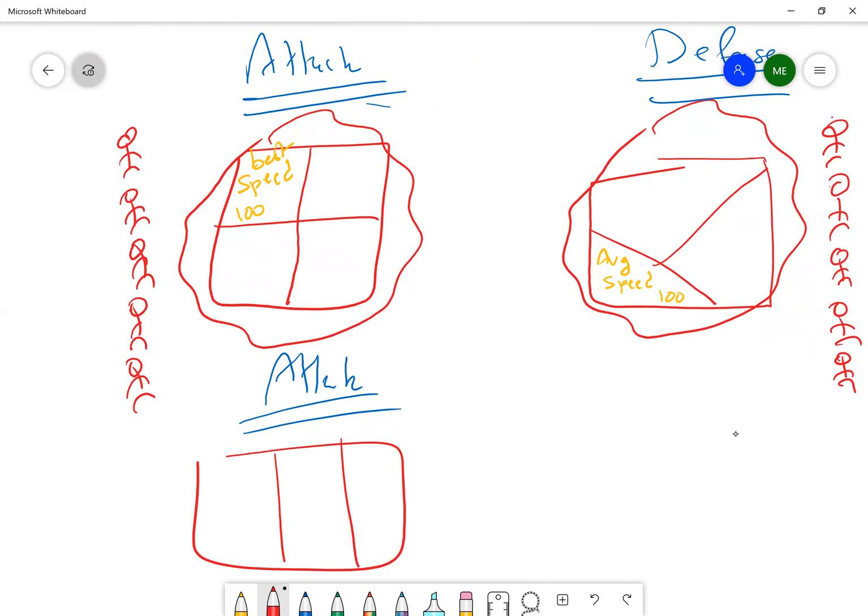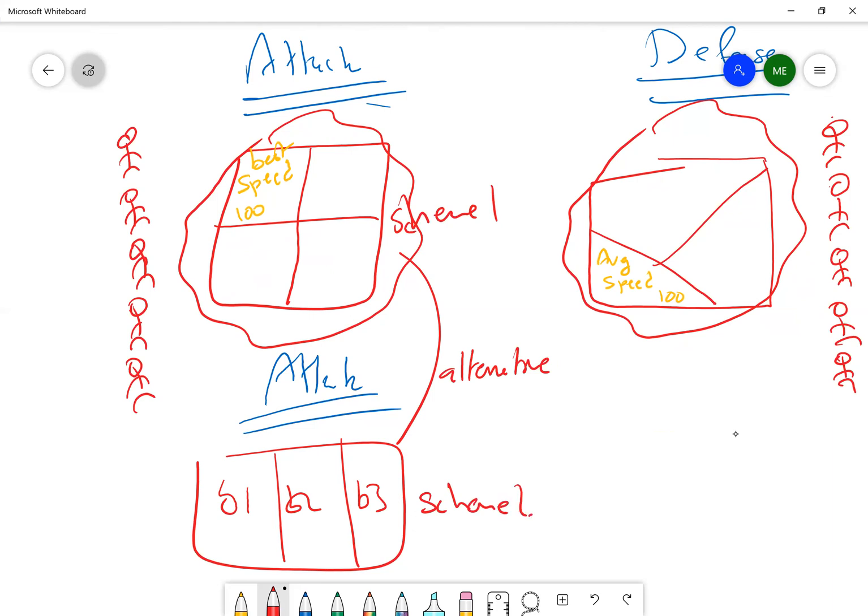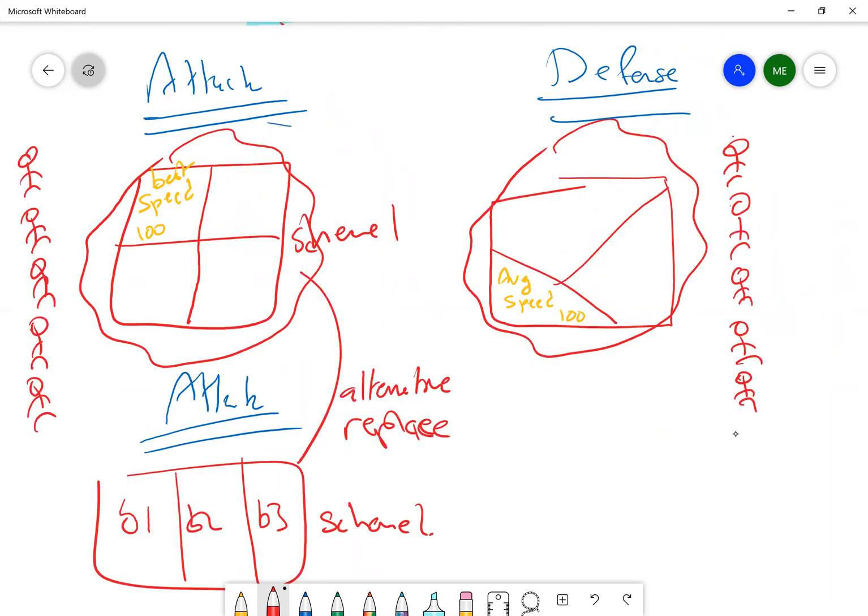So I got block 1, block 2, block 3. This would be an alternative to that scheme. So this is scheme 1 for the attack. This is scheme 2 for the attack. And one of them can replace the other one.